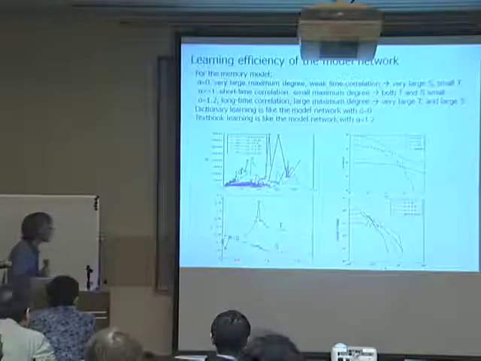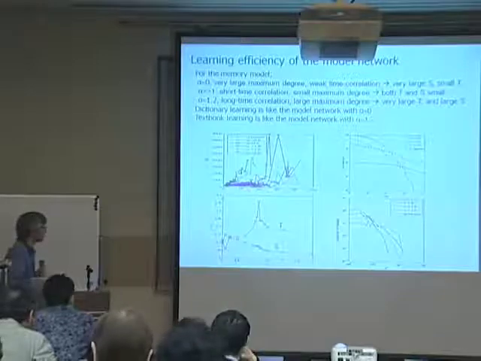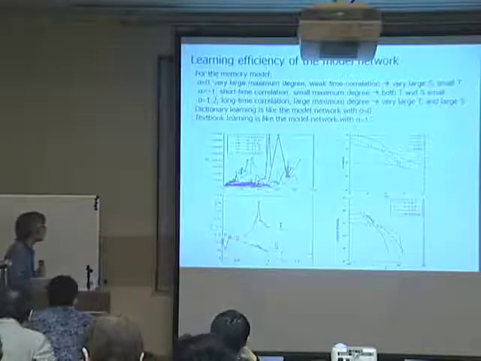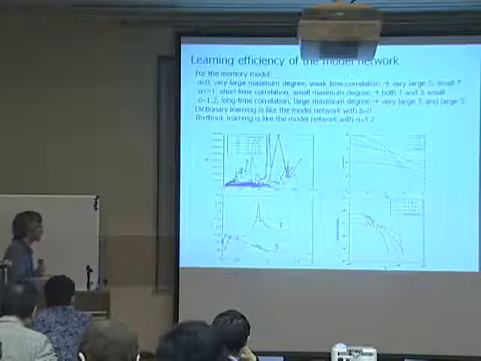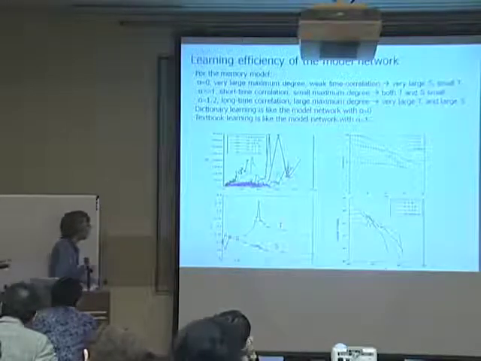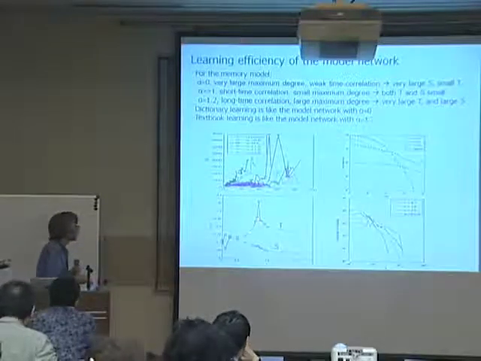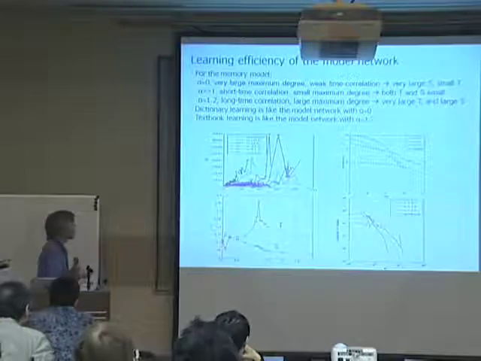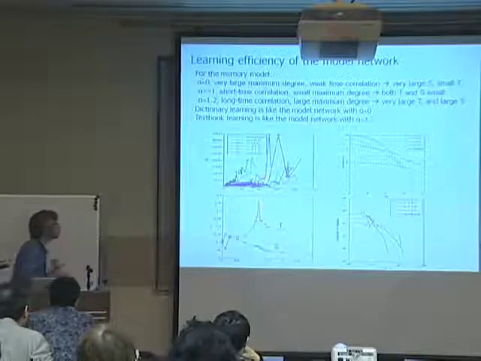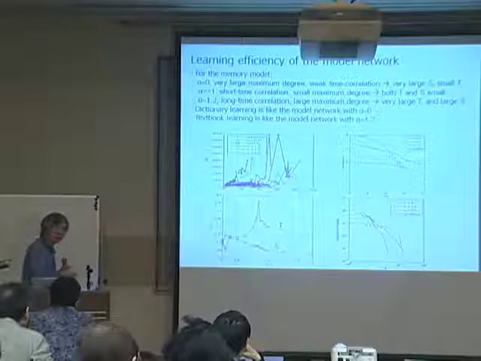Here we are plotting the size of the biggest cluster, and here the duration time. As mentioned, the cluster size decreases with alpha, but the duration time increases at first, then decreases later. So the maximum capacity of learning could be obtained at this point.